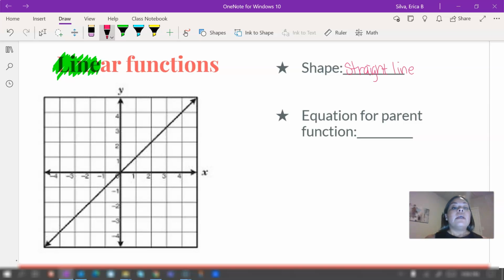Now, if you notice it's going in the direction where it's increasing, we'll also see it where it is decreasing. But this specific example that we're giving you here is the actual parent function of the linear function. And the equation for that is y is equal to x, or we can say f of x is equal to x.